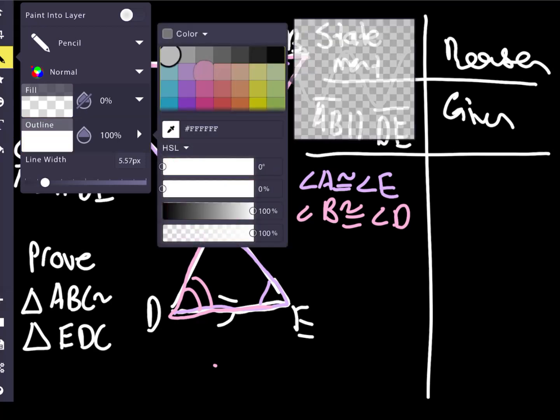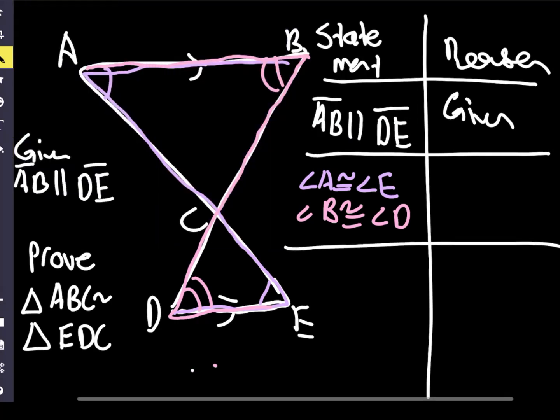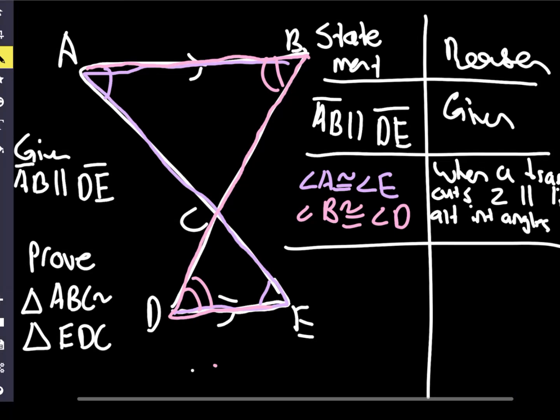And the reason for this is because when a transversal cuts two parallel lines, I'm just going to use the parallel symbol. This is the parallel symbol. When a transversal cuts two parallel lines, alternate interior angles are congruent.